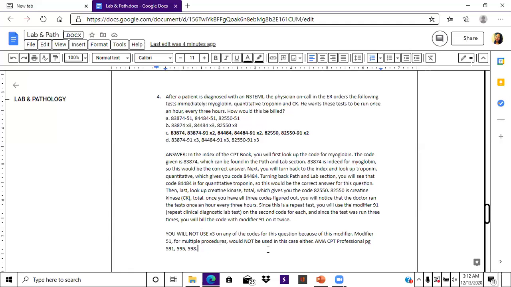Sometimes people would get it confused and think, oh, it's a multiple procedure because they're getting multiple sticks every other hour. This will not be considered a procedure, but it will be considered a repeat clinical diagnostic lab test. You see how specific things are? And you can find this in your AMA 2020 professional book, pages 591, 595, and 598.